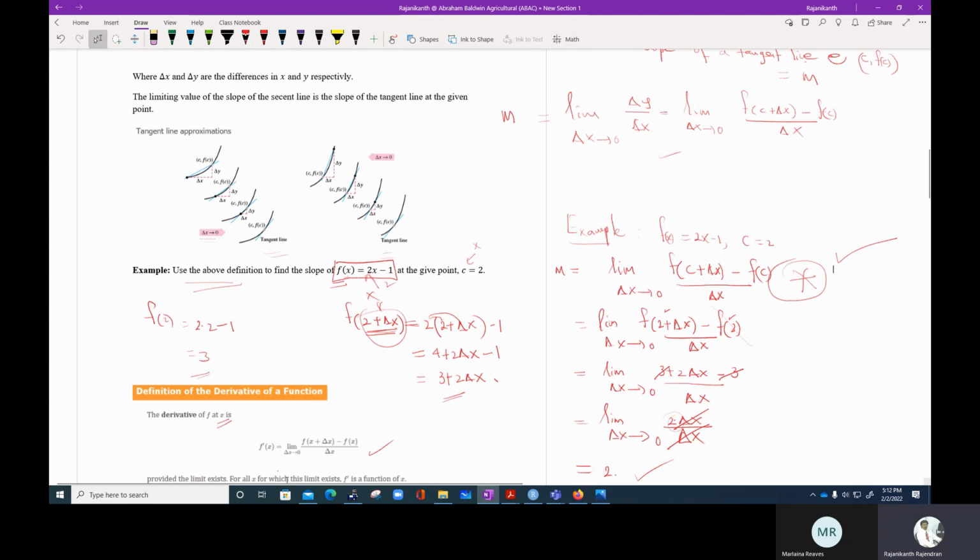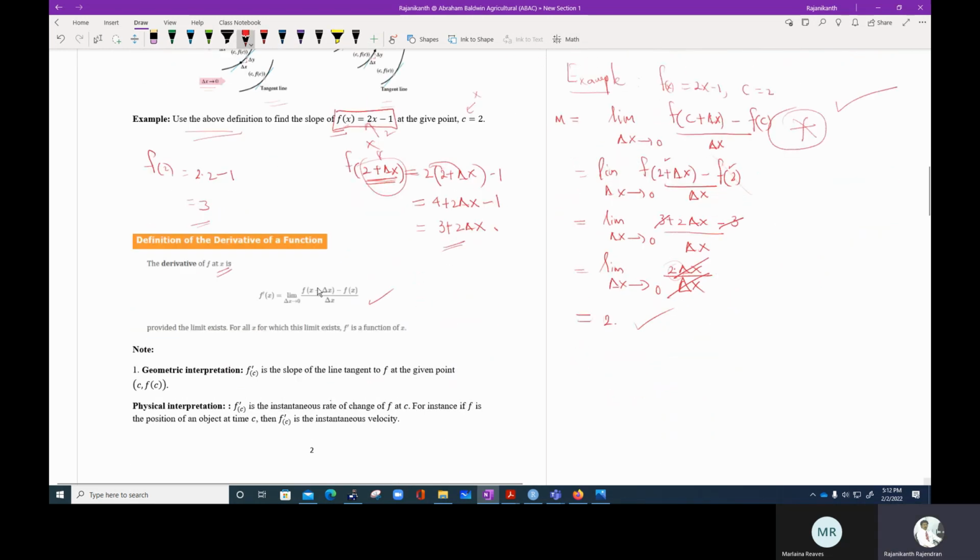So that is nothing but the derivative of function f at the given point x, which is denoted by this notation, f apostrophe x. In math, we read this as f prime. We use this notation to denote the derivative of function f at the given point x, so you read it as f prime of x.